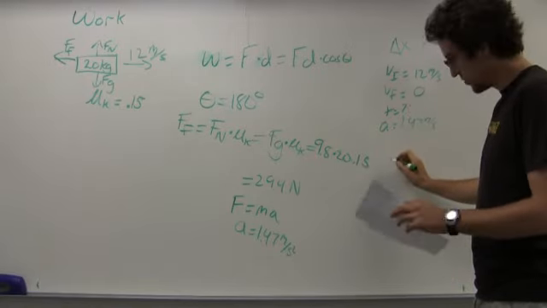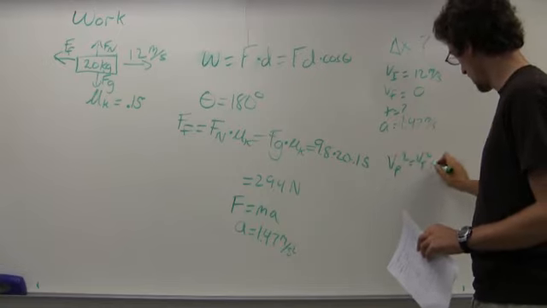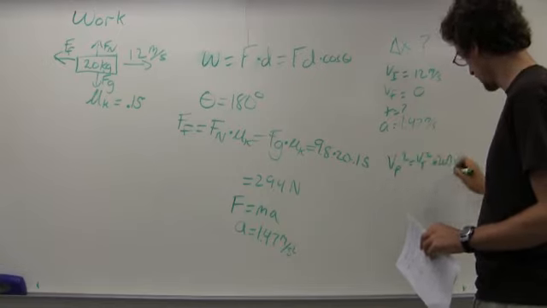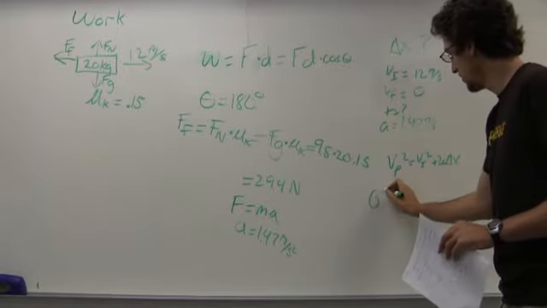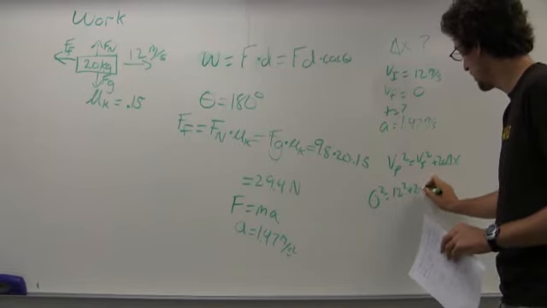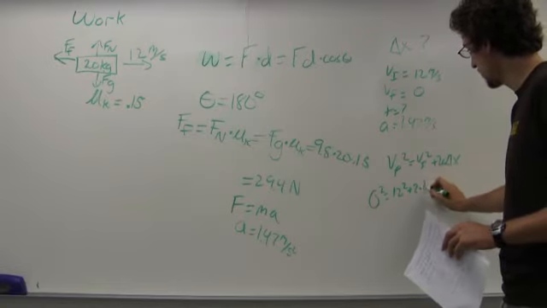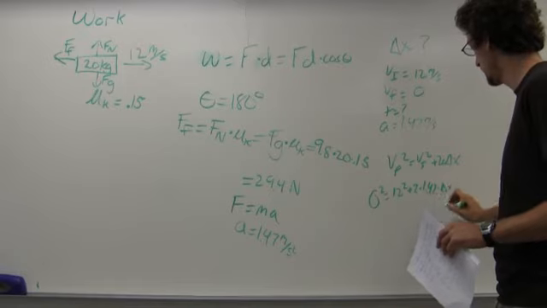Okay, and to do that we're going to use v final squared equals v initial squared plus 2a change in x. Okay? We know 0 equals 12 squared plus 2 times, oopsie, not 9.8, 1.47 times delta x.